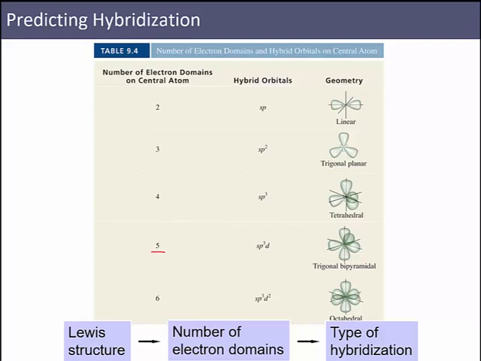So the number of things over here is going to be equal to the number of electron domains. To get an electron domain, I'm going to need that many hybrid orbitals that are going to come from our atomic orbitals. Now, you can have this hooked up to another atom.